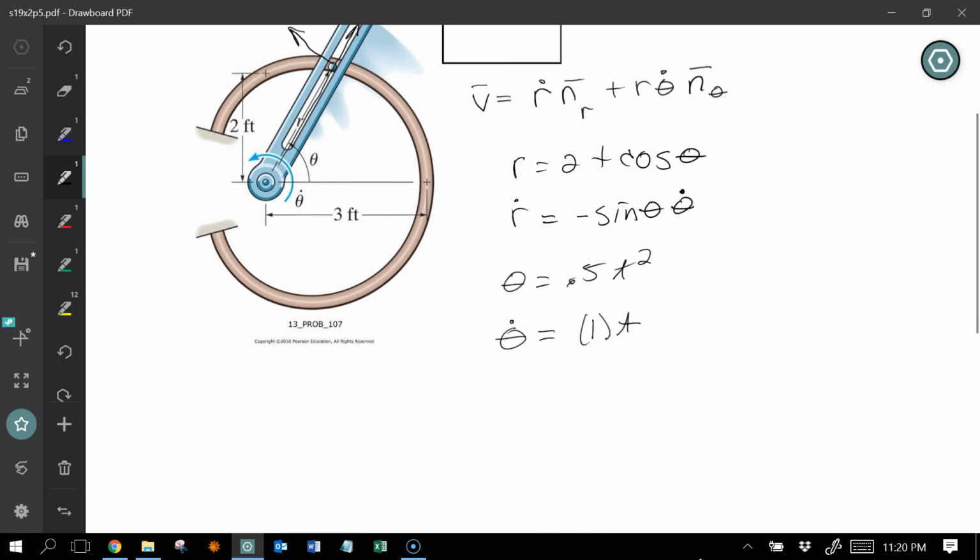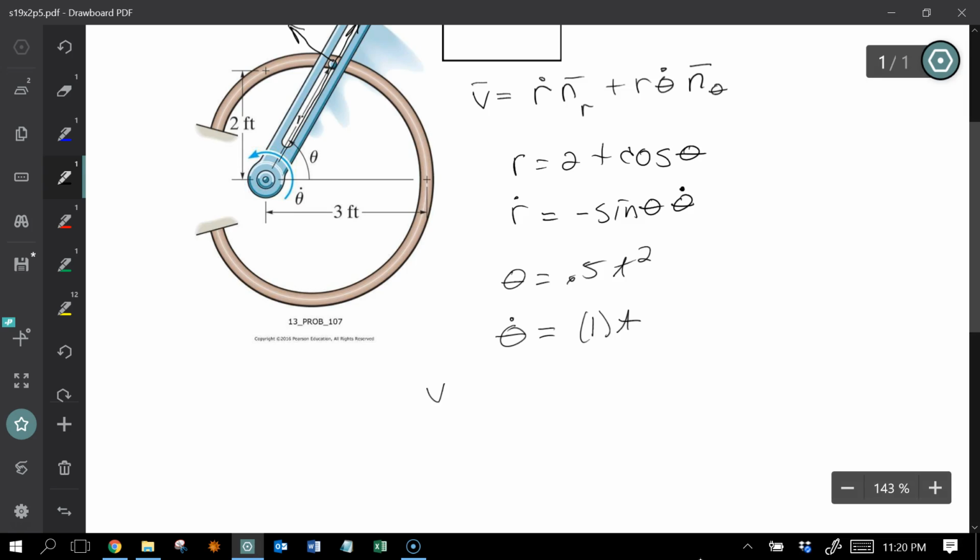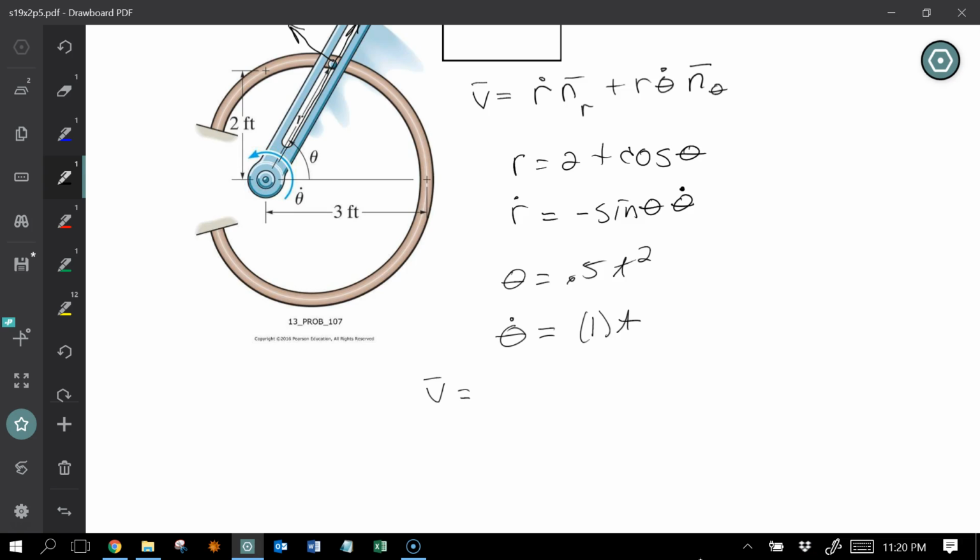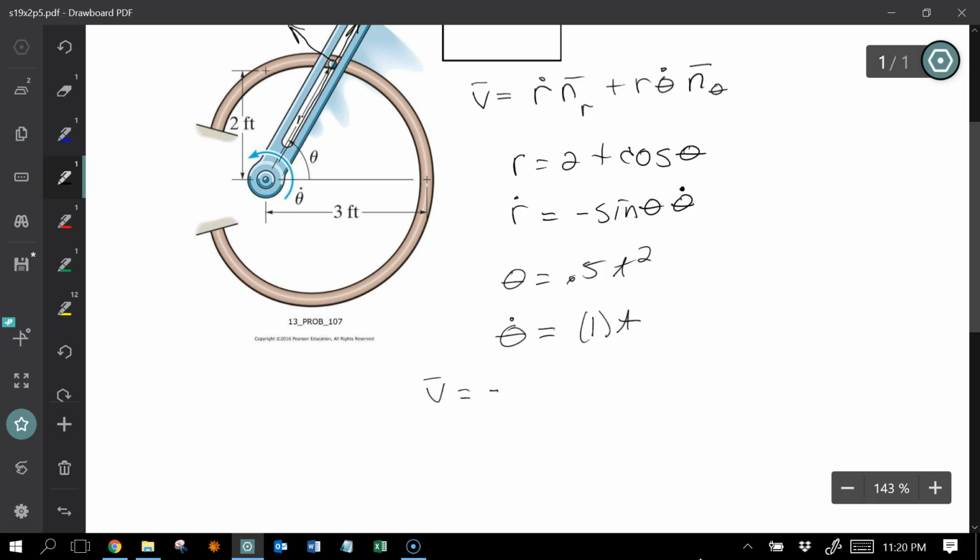When t equals, okay, so here we go. Velocity is equal to r dot. R dot is equal to minus, well, let me put in some values. You want these values, and I'm going to plug them in here, here, and here. So I need to find those values when time equals 1.5. The first thing I'm going to do is find the value of theta.